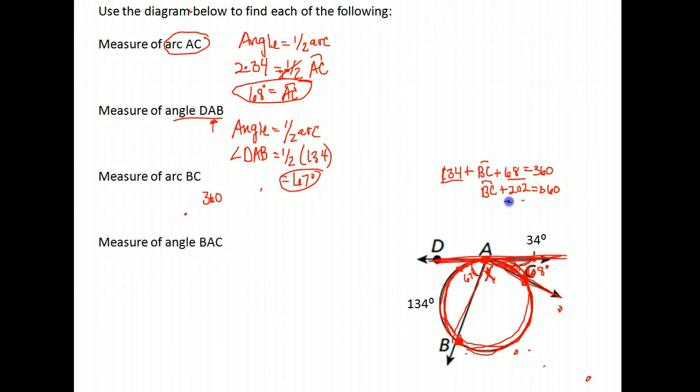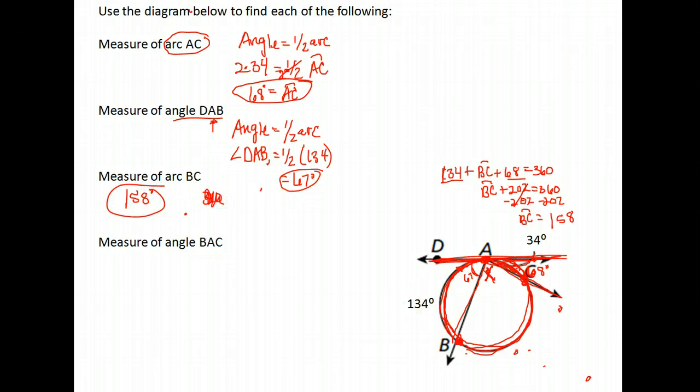That's the number of degrees left over for BC. Subtract 202 from both sides. I'm subtracting 202 from 360 to find out what's left for arc BC. And when I do, I get 158. Okay, so I found the measure of my arc. The measure of arc BC is 158 degrees.